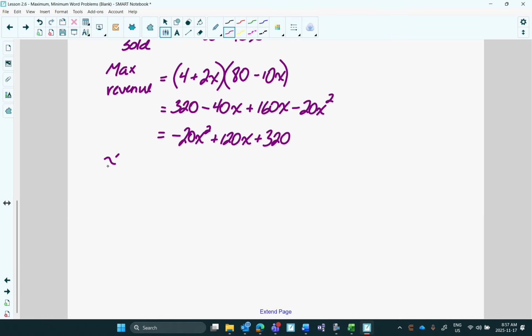Now I'm ready to find X at the maximum or X at the vertex. So it's going to be negative 120 divided by 2 times negative 20, which is going to give 3. Right.